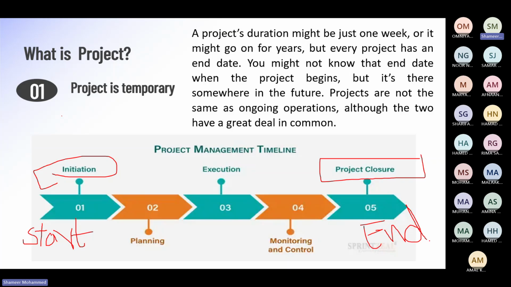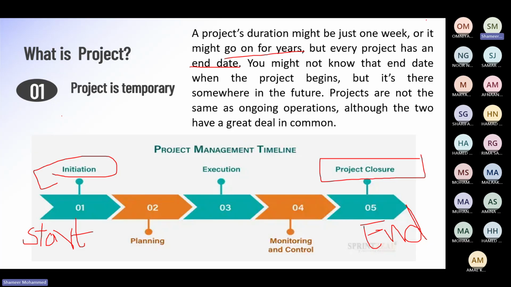Some projects may be small projects of months or weeks, and big projects will run for years. So every project will have an end date. The project is not lifelong. You have the start date, that is, you are going to start on a specific date and end it on a specific date.